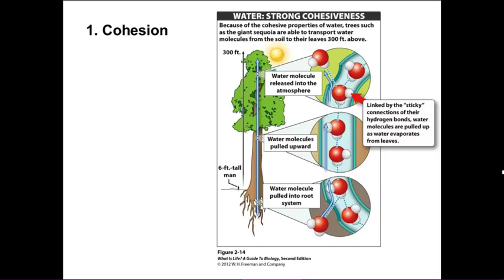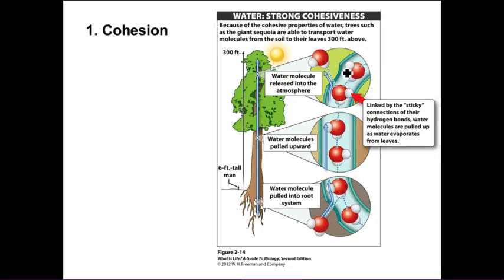So trees, in order to stay alive, need to pull water up from their roots. They put their leaves that are doing photosynthesis way up here in the air. And they need to pull water up from the roots, from the soil, up into the leaves. The way they do that is they rely on this cohesiveness of water. Water gets pulled up through the leaves and out through tiny little holes in the leaves called stomata.